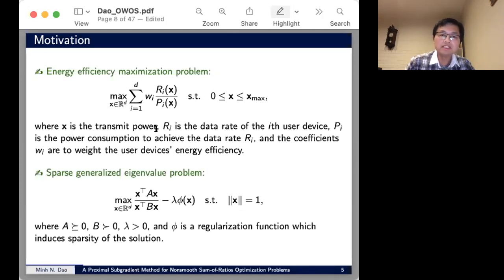Mathematically, the sparse generalized eigenvalue problem can be formulated in this form, where A and B are symmetric matrices, A is positive semi-definite, and B is positive definite. Function phi here is a regularization function which induces sparsity of the solution.